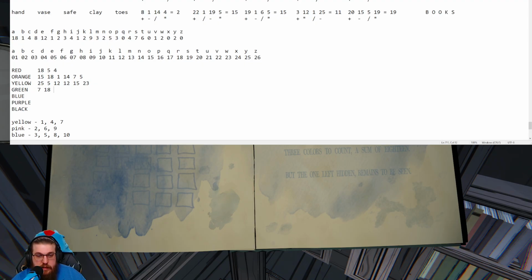G7, R, 18. 5, 5, 14. Blue. 2, 12, 21, 5. Purple. 16, 21, 18, 16, 12.